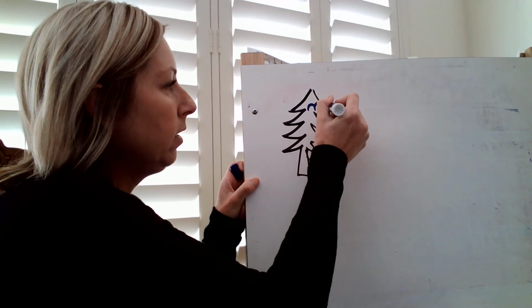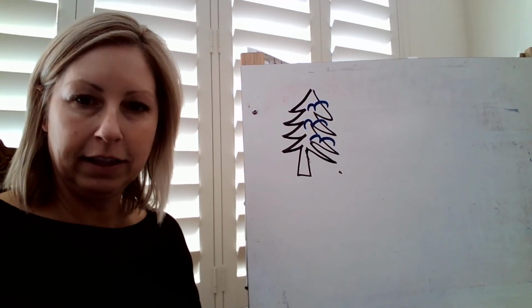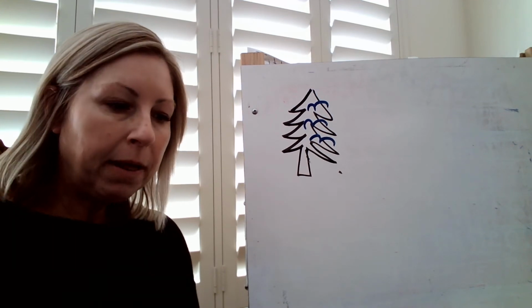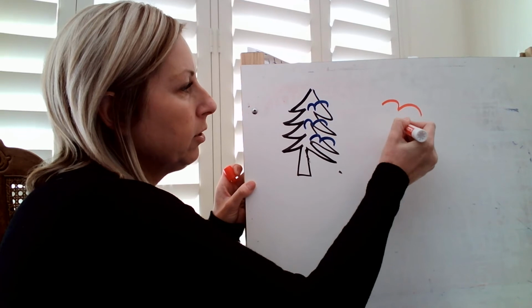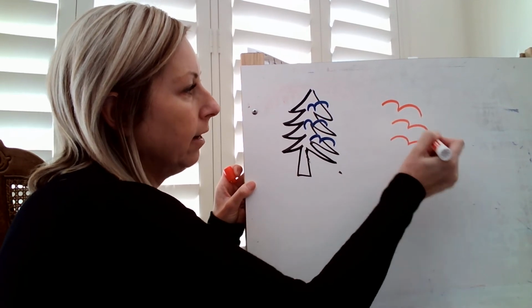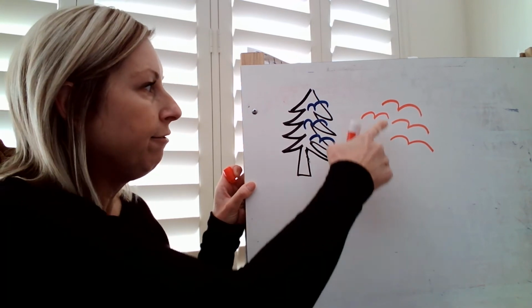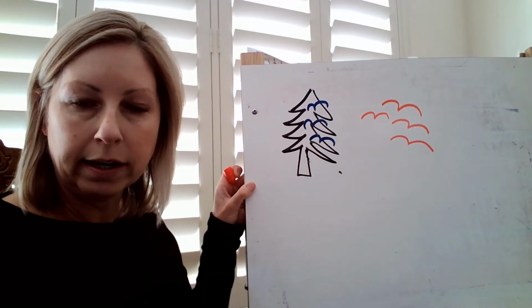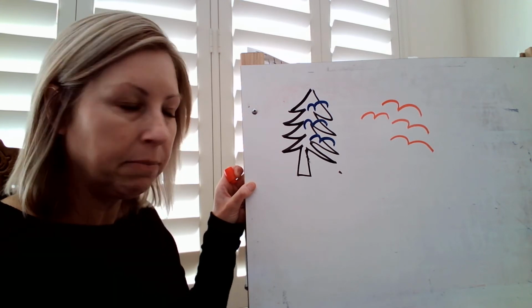I saw 1, 2, 3 birds in that tree. But then when I was looking around, I noticed there were some other birds still flying. But those birds are going to fly over to the tree. So I want to see how many birds altogether are going to be in the tree.